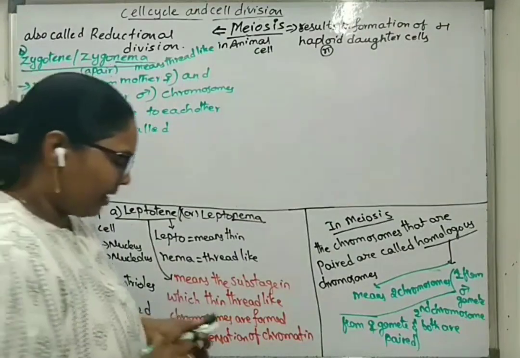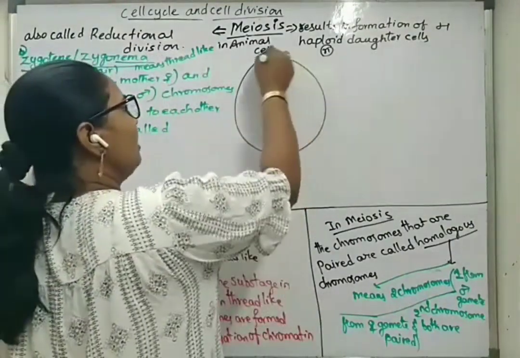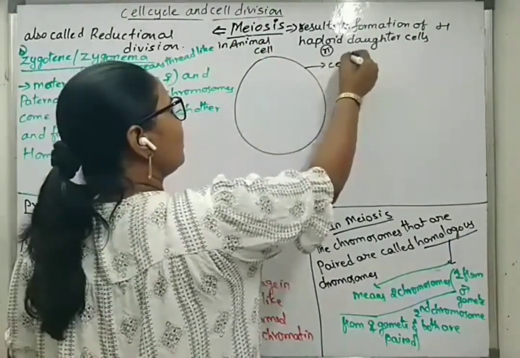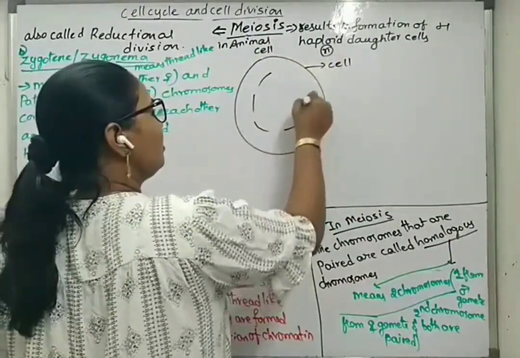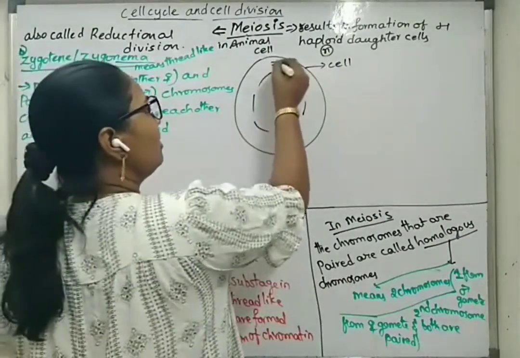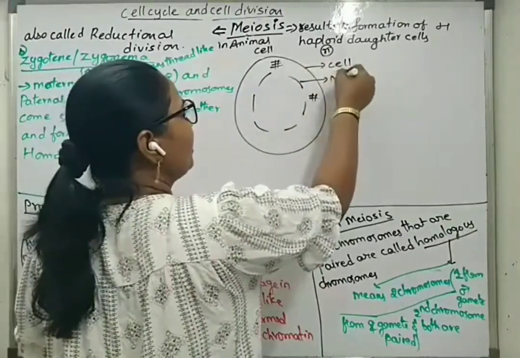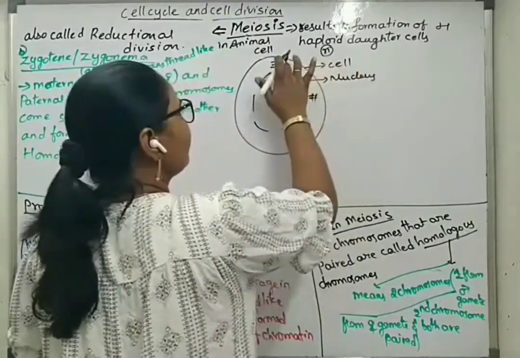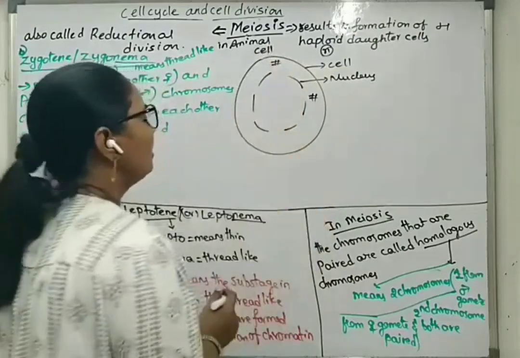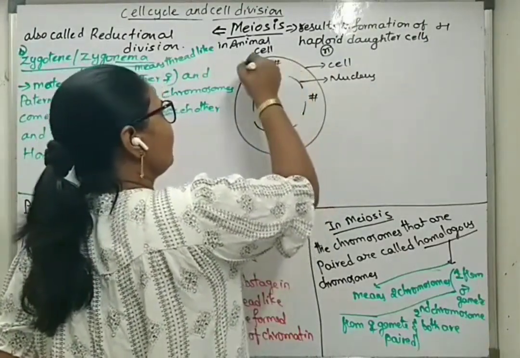We will draw the structure regarding that. This is an animal cell. This is nuclear membrane. Nuclear membrane has not yet disappeared. Centrioles. Next, this will be nucleus. Nucleolus.